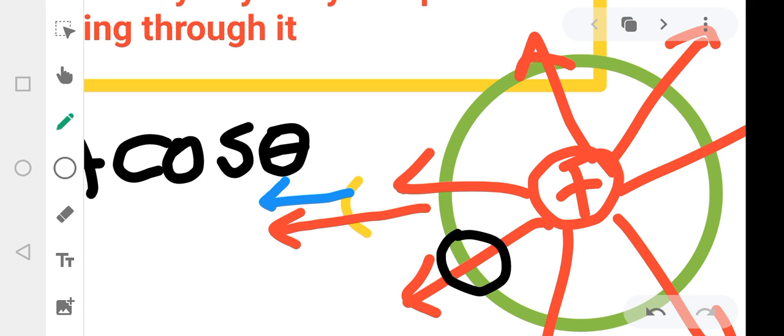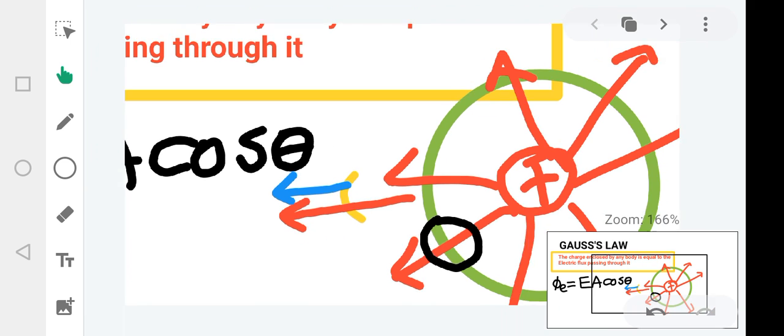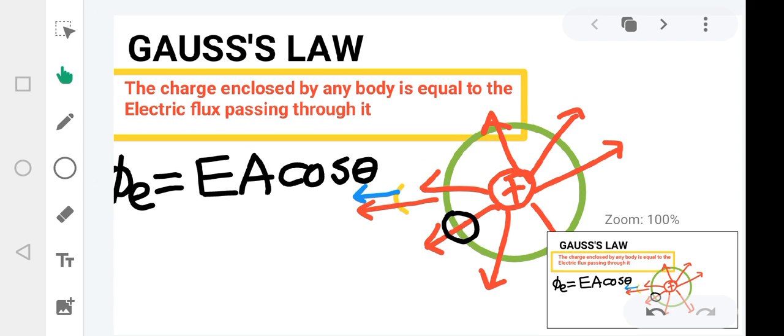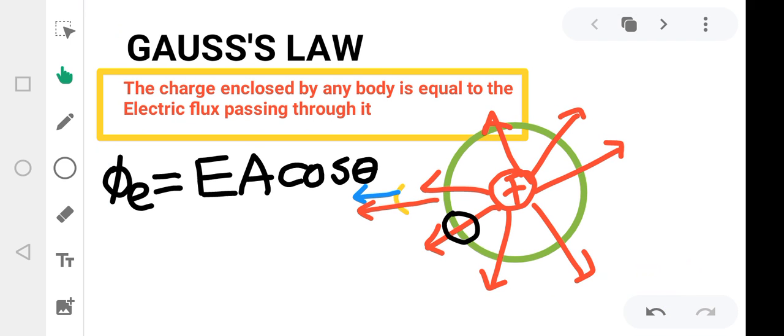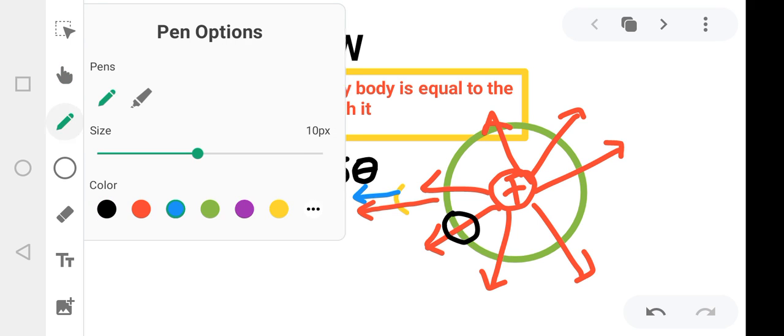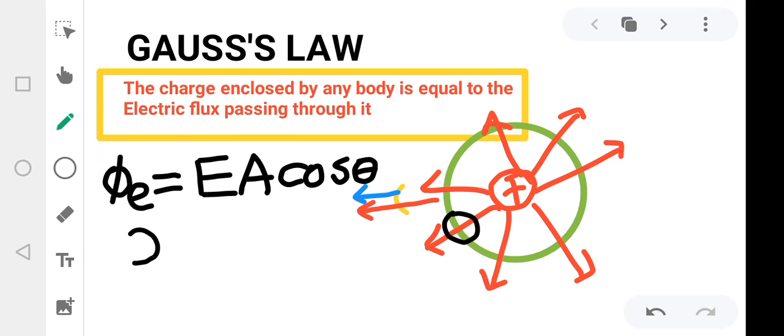So this is our area vector, and this is our electric field line. What is the angle between them? We can see that both are parallel, so the angle between them will be 0 degrees. If I put 0 here, cos 0 is equal to 1, and our electric flux will be equal to EA in this case.